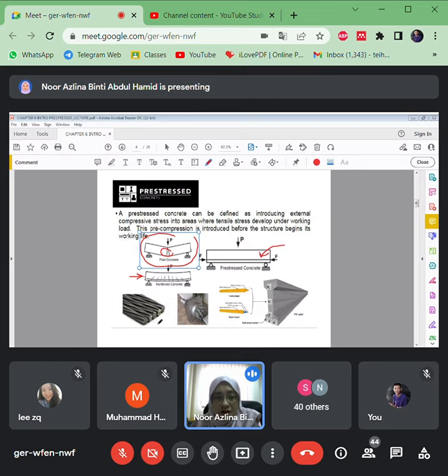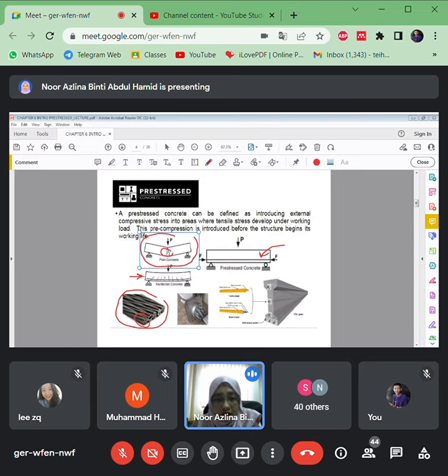The main thing that should be provided here is the reinforcement that we call a strand or cable. One cable has about 7 to 6 wire strands.